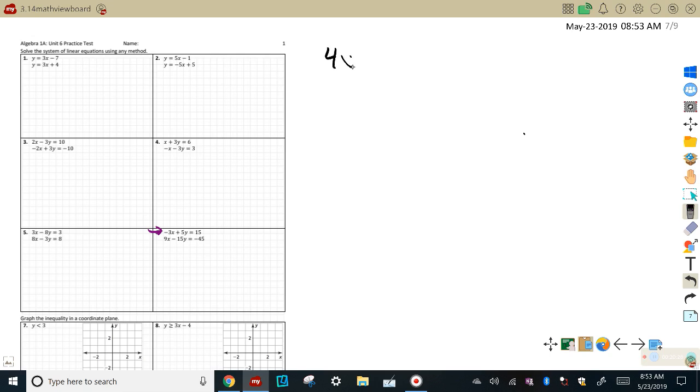This is a little bit tougher than the last one we did. When you see a problem like this, you first check to see, do I have an opposite already?